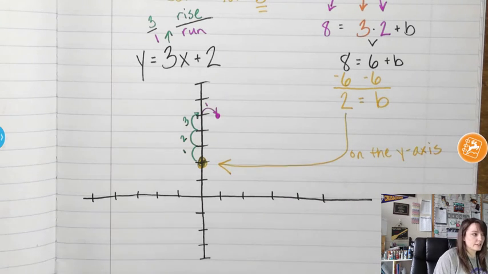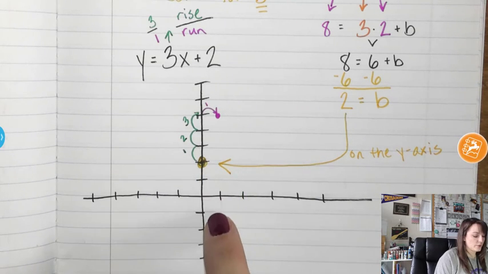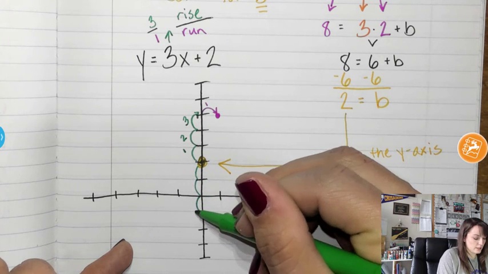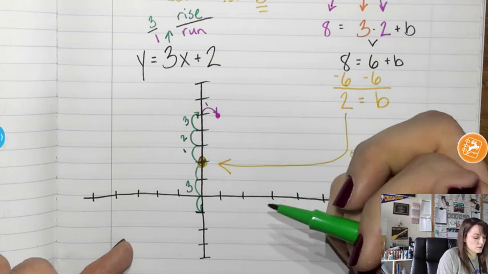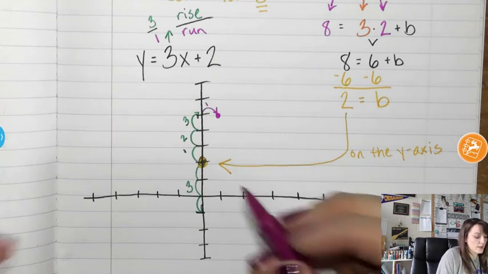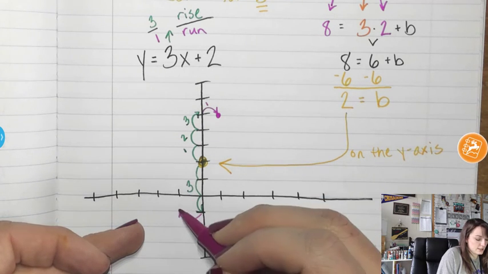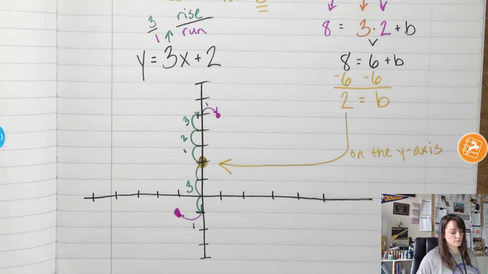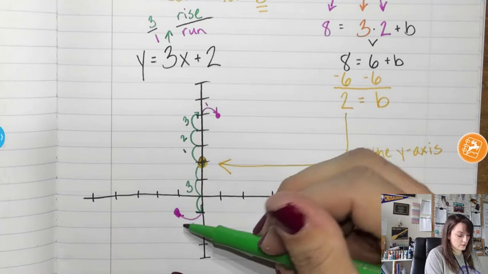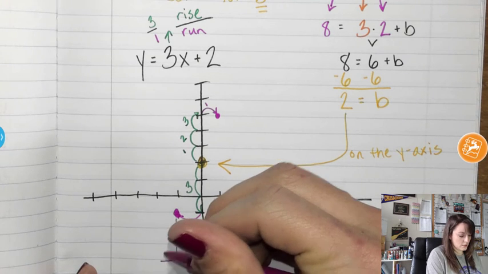Now, because of where my graph is, I don't have the space to go up and over this way. So if I go down 3 from where I'm at, 1, 2, 3, do I run to the right or do I run to the left? Left. I'm going to run left 1. So my dot is here. And in a perfect world, this would make a straight line, but alas. And you can keep doing that. 1, 2, 3, over 1, your next dot.